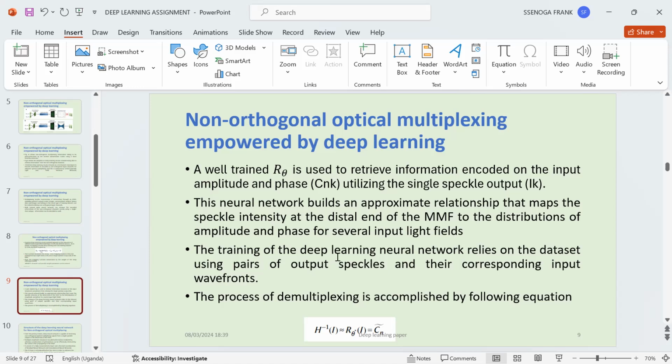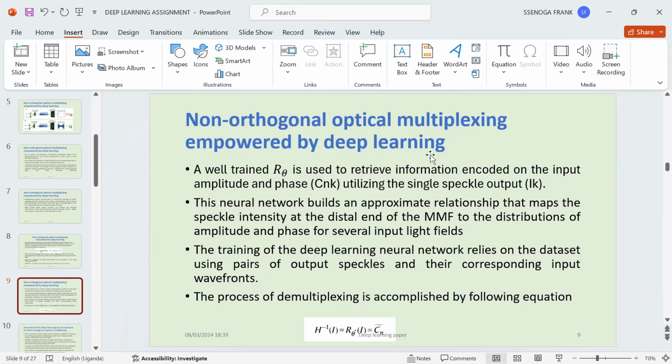The neural network relies on this relationship so that the whole process of the classification of the signals, or the classification of the input pictures, takes place.